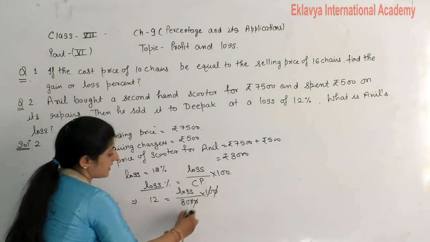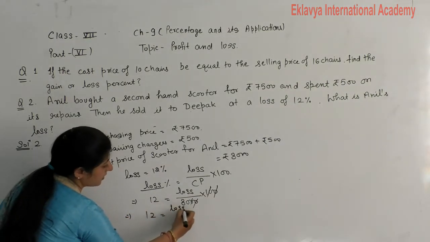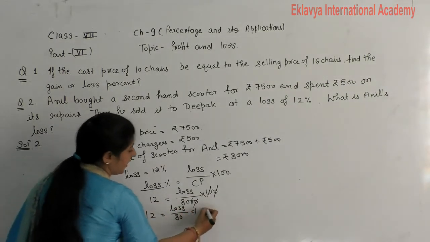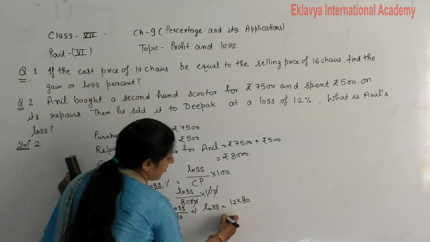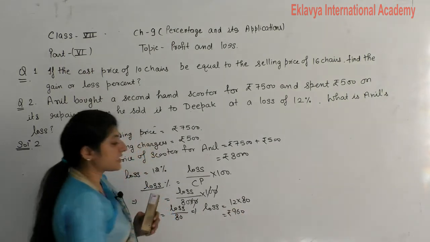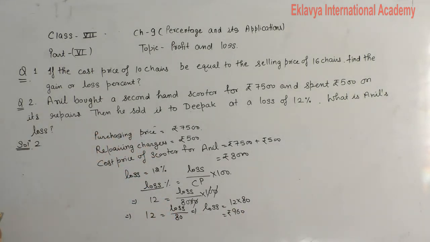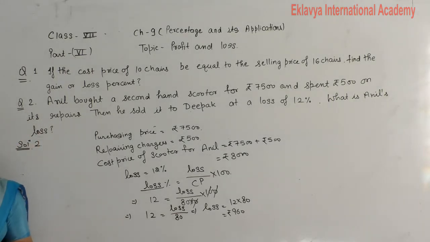That cancels out. Now 12 is equal to loss divided by 80. Loss is equal to 12 multiplied by 80. 12 8s are 96. That we can say the loss of Anil in selling the scooter to Deepak is equal to rupees 960.